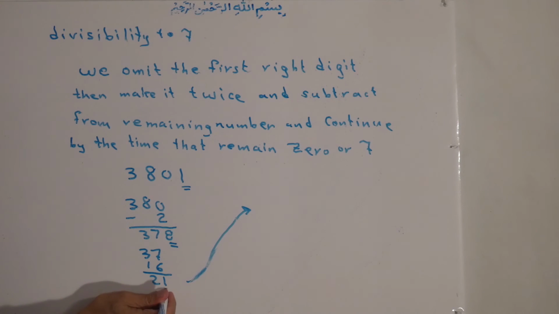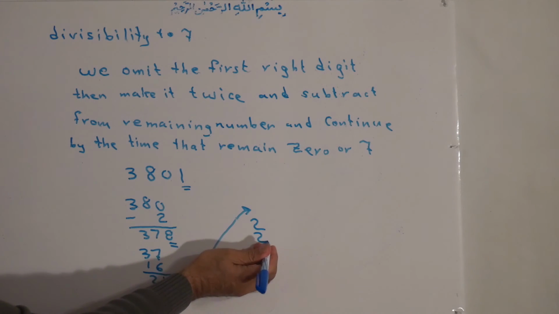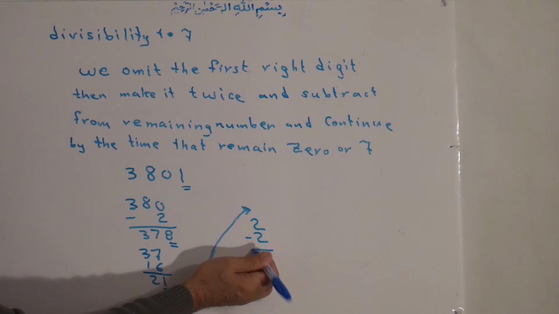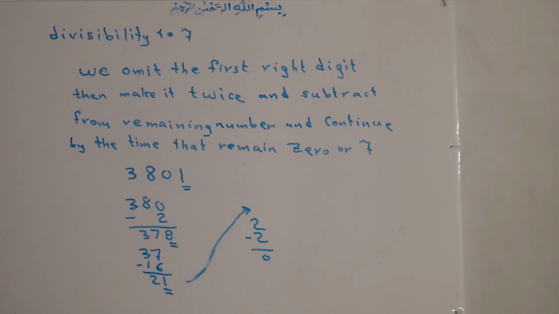From this one, we omit the 1 and double it: 2 times 1 is 2. Now 2 minus 2 is 0. Because we say that if the last number is 0 or 7, this is divisible by 7.